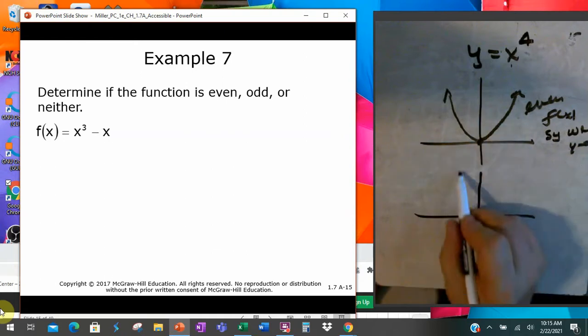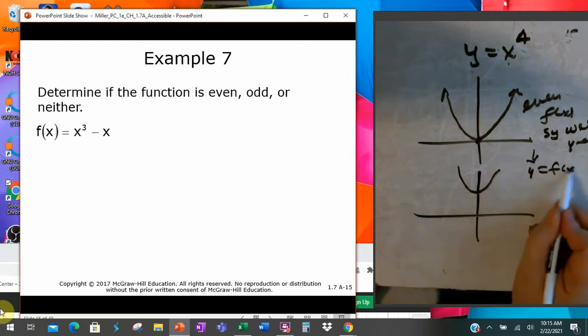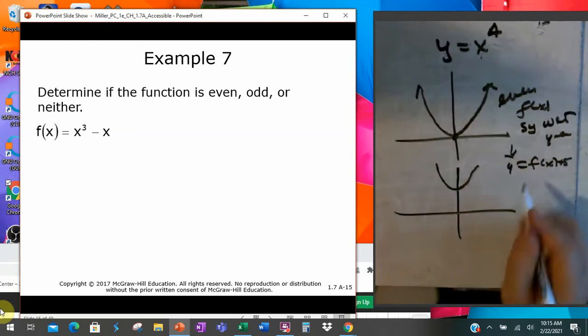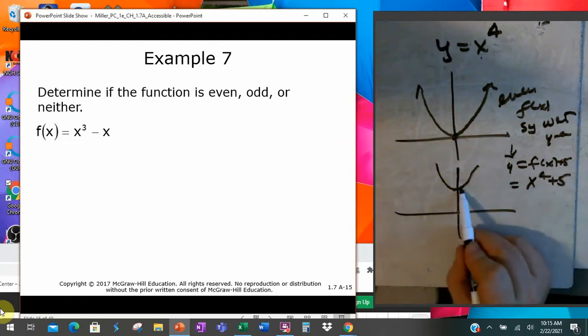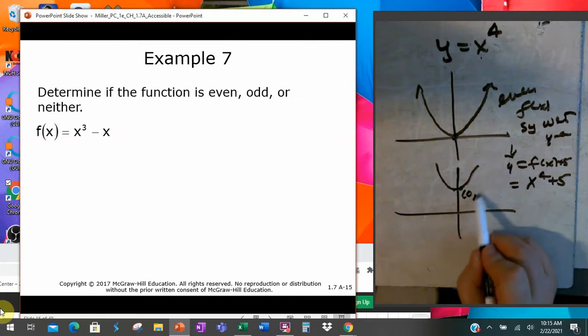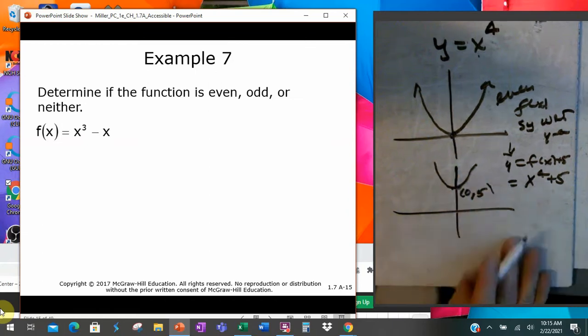Here I can also do the transformation y is equal to f of x plus 5, which just looks like x to the 4th plus 5. Take my original, move it up 5, so now that's at (0, 5). I still have symmetry with respect to the y-axis.